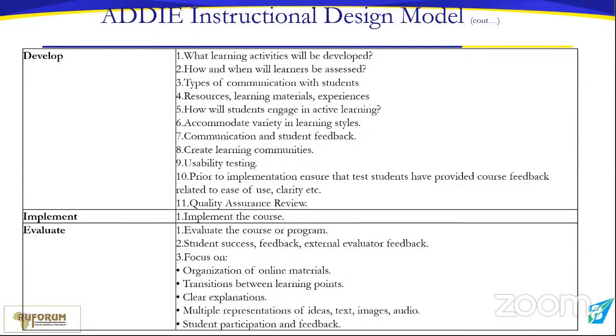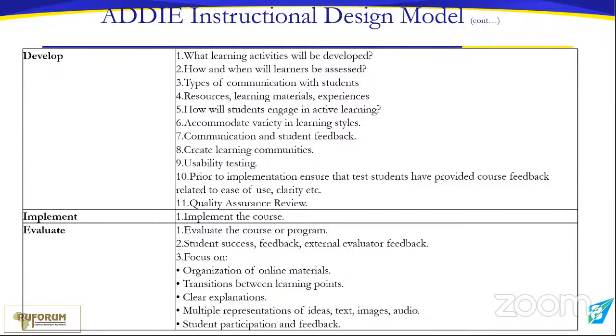So then, prior to implementation, ensure that the test students have provided coursework feedback related to each of the views and clarity. So each time you run a course, don't focus on just merely assessing students. Can the students also assess the course delivery?